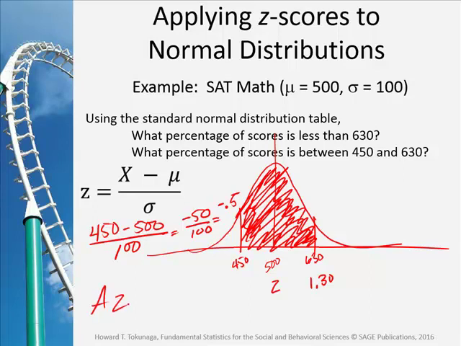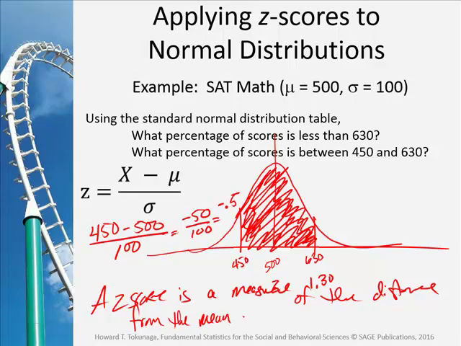A z-score is a measure of the distance from the mean in standard deviation units. So 450 is how far away from the mean? Well, in score, it's 50 away from the mean. But that 50 is half of a standard deviation, because in this example, a standard deviation is 100.